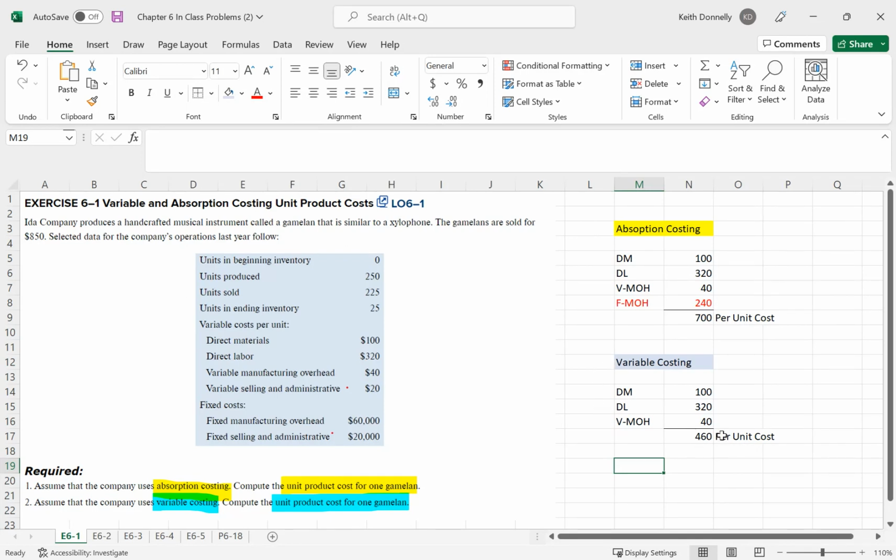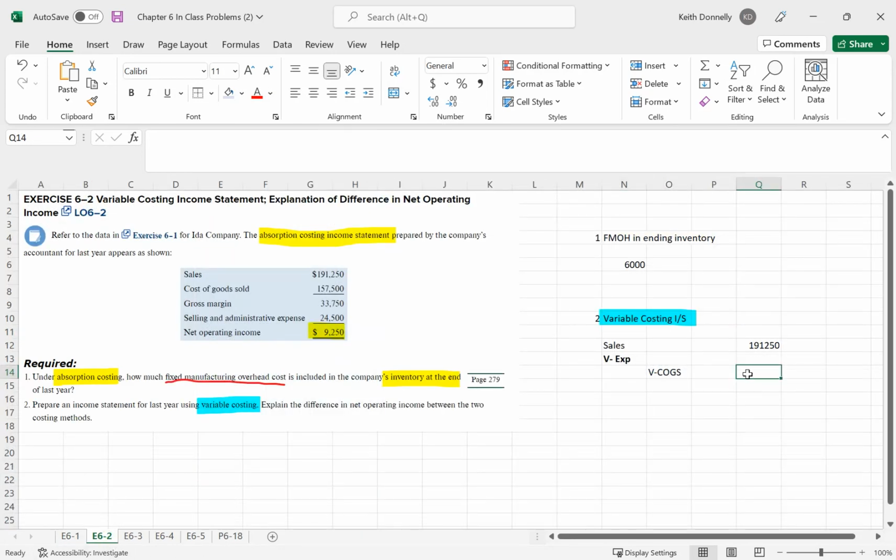We said the cost per unit there is $460. So here, it's going to be the 225 units we sold times the $460 cost per unit. We're looking at $103,500.